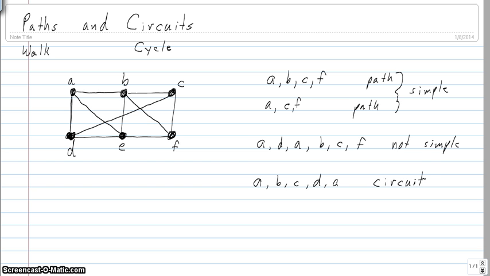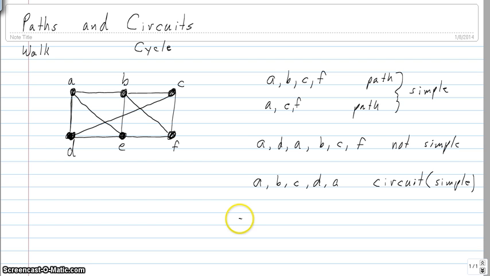Circle isn't the right word because it wasn't a circle, but you end up at the same place that you started. And so we can distinguish between a circuit and a simple circuit. This is an example of a simple circuit because there's no repeated edges. If we repeated an edge, then that would not be a simple circuit.